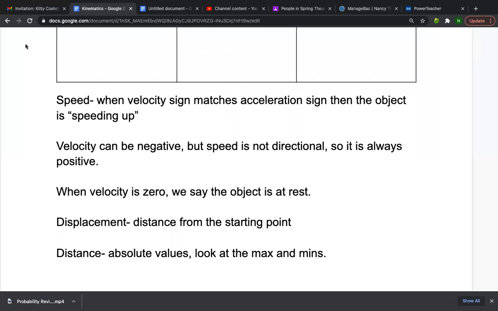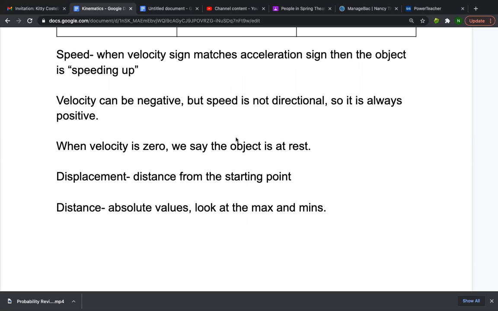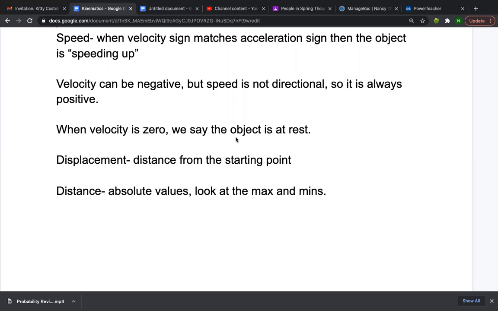Velocity could be negative, but speed isn't. When the velocity sign matches the acceleration sign, then we say that the object is speeding up. And then in the opposite direction, if velocity sign does not match the acceleration sign, so if one is positive and one is negative, then the object is slowing down. Okay. When velocity is 0, we say the object is at rest.